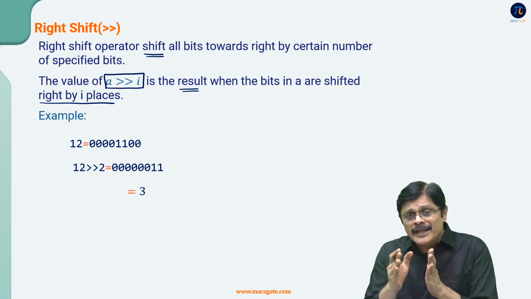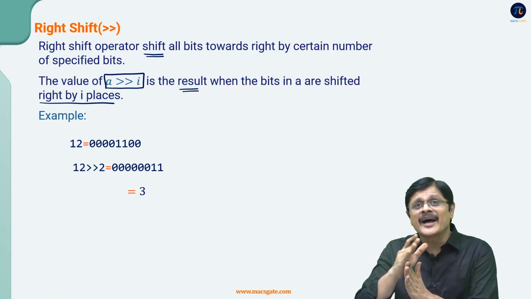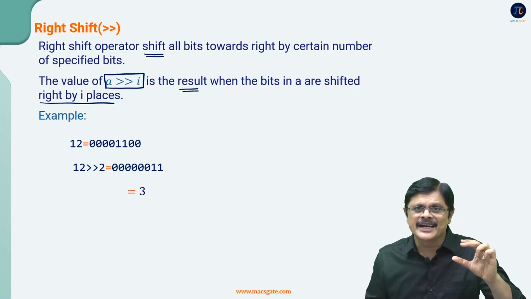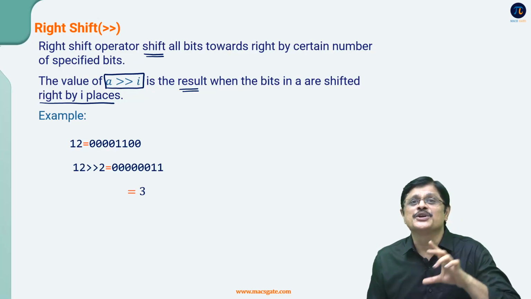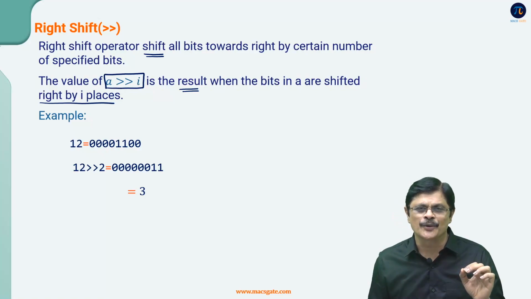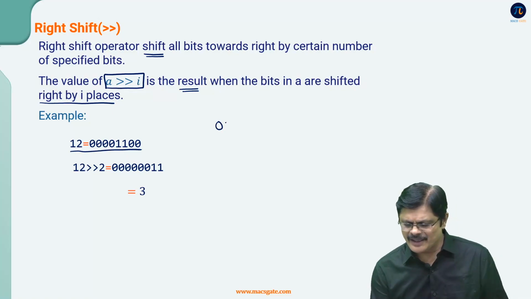But when you shift the bits right by I places, the rightmost I bits are removed. To compensate for that, on the left side we are going to add I leading zeros. That is how the right shift will be performed. For example, consider 12, it is 4 zeros followed by 1 1 0 0.